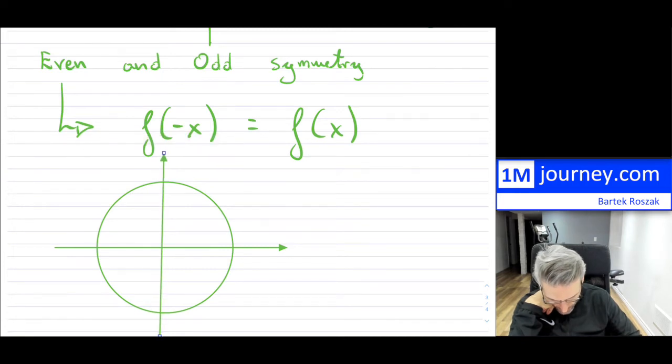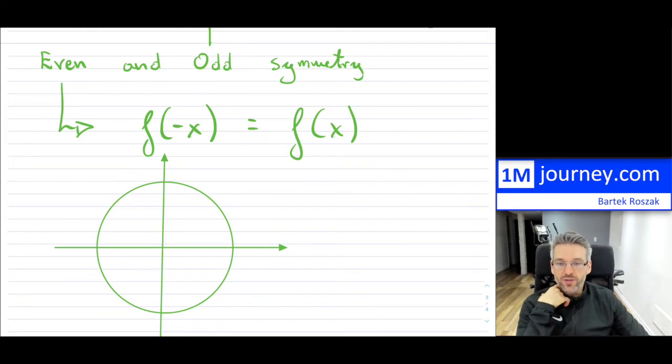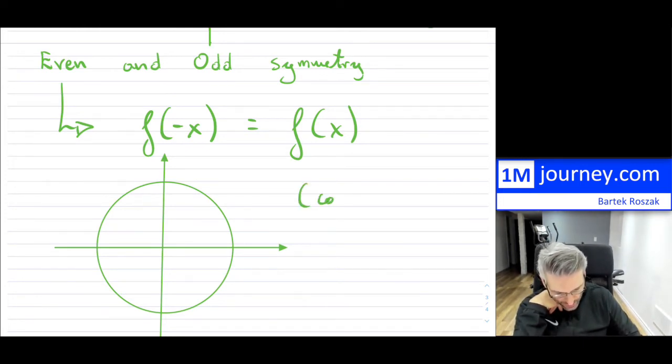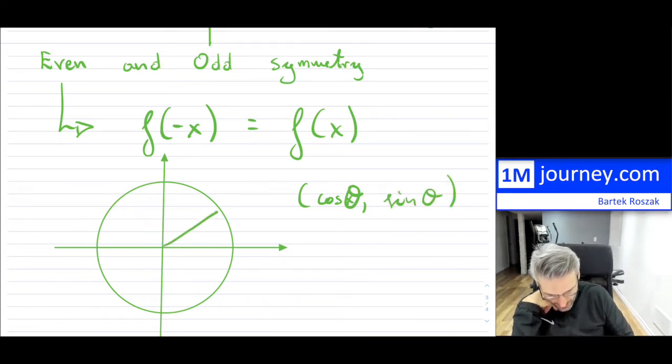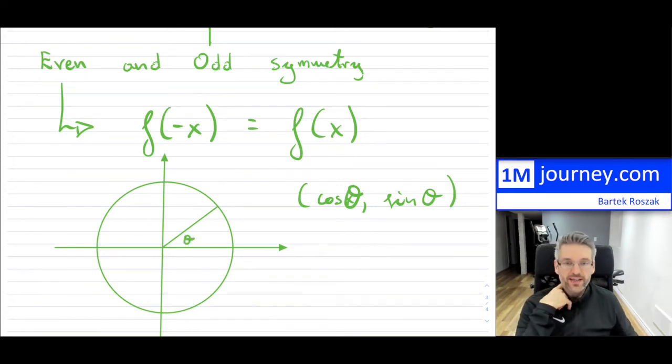Remember that on the unit circle the x value was always cos of theta, and then the y value was always sine of theta, right? So if I go along here and keep going in this direction or in the negative direction, here's my theta, then you could find out exactly what those values were.